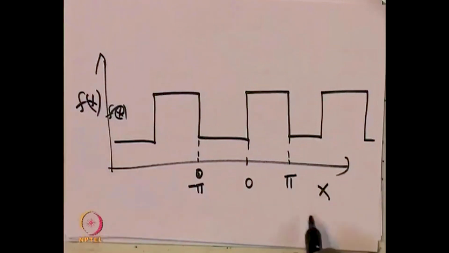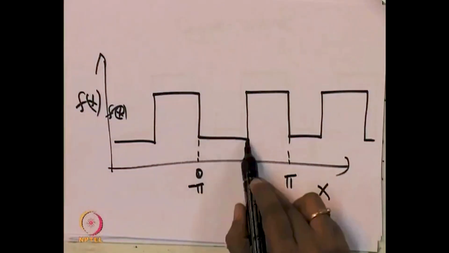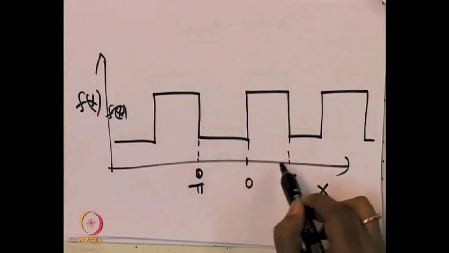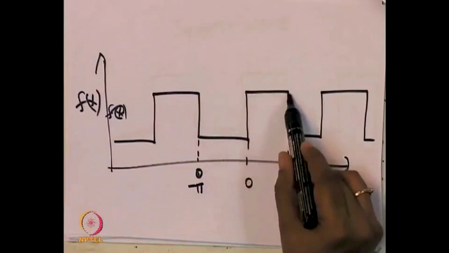When x is between minus pi and 0, this is a particular value, and suddenly from 0 to pi it has a different value.